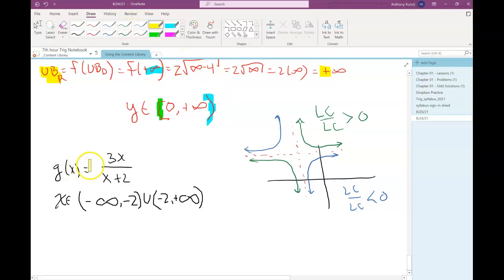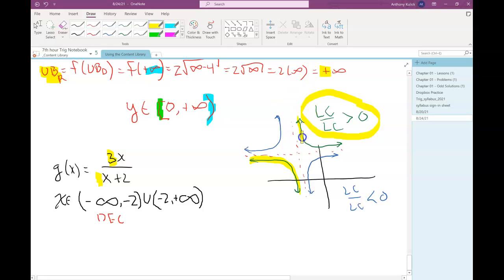Okay, so when I look, the leading coefficient on top is 3, and the leading coefficient on bottom is 1. So we're in this situation. Everybody good there? When I look at this piece, we're going down as we move from left to right. So this first interval, we're going to be decreasing.